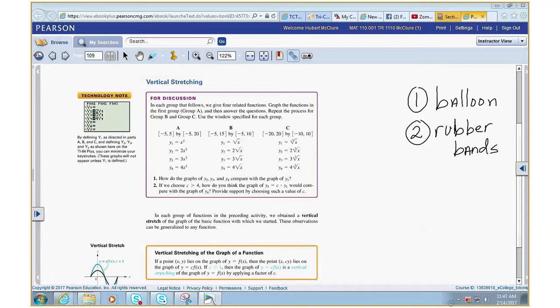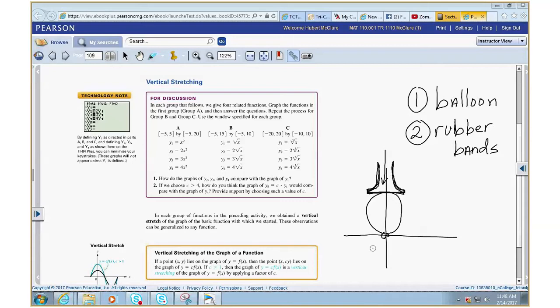If I give you a balloon sitting right there, and I bring a vise in and push on that rubber balloon, inflated with air or water, and I put a force on that balloon, what's going to happen?